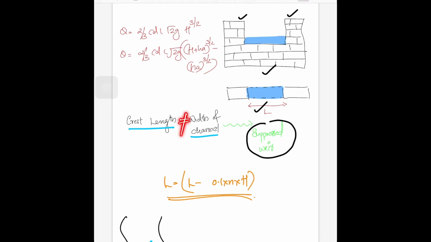Those kinds of weirs are called unsuppressed weirs. And here we have to consider the concept of end contraction.